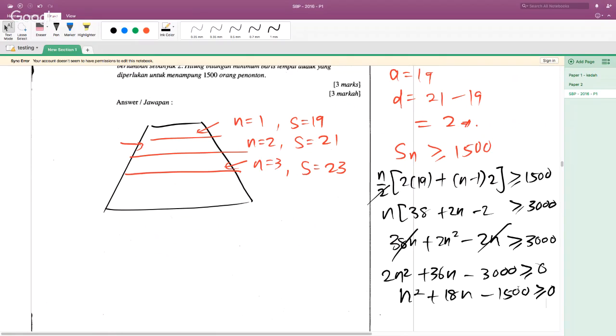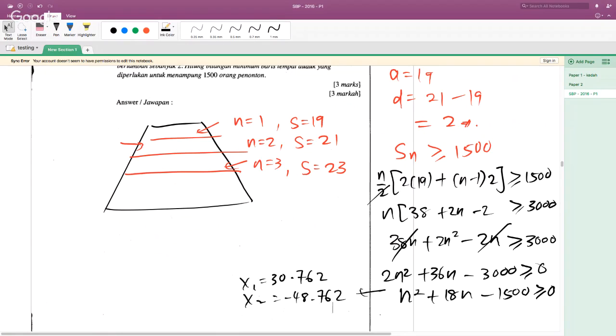A is 1, B is 18, C is negative 1,500. Yes, so the calculator basically will tell you the answer. The first answer is x1 equals to 30.762. The second answer is basically equals to negative 48.762.